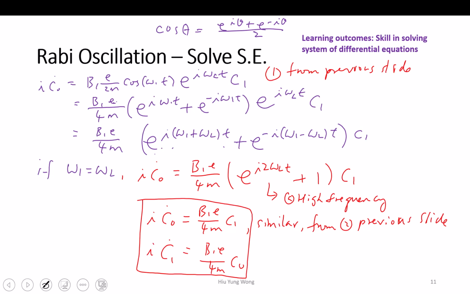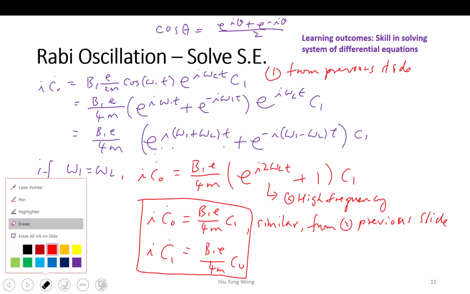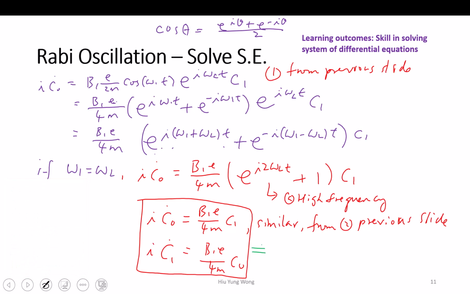Then what is the solution? Well, I can now just substitute the equation into it. For example, what is C0? I say the first equation, iC0 dot dot. I do one more differentiation. I get B1E over 4m, C1 dot. But C1 dot equals the second equation, right?